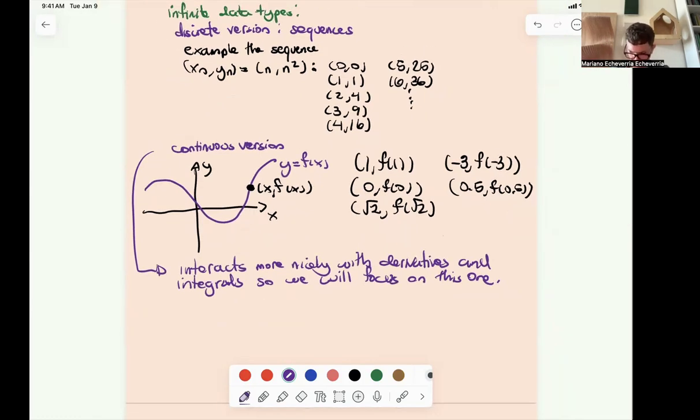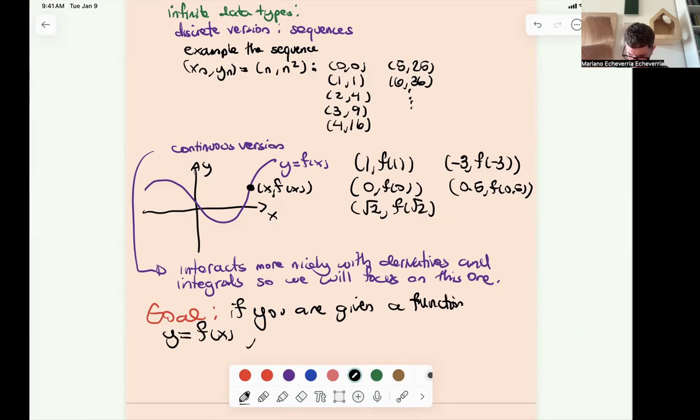So the goal is, if you're given a function, how do you approximate it using polynomials?